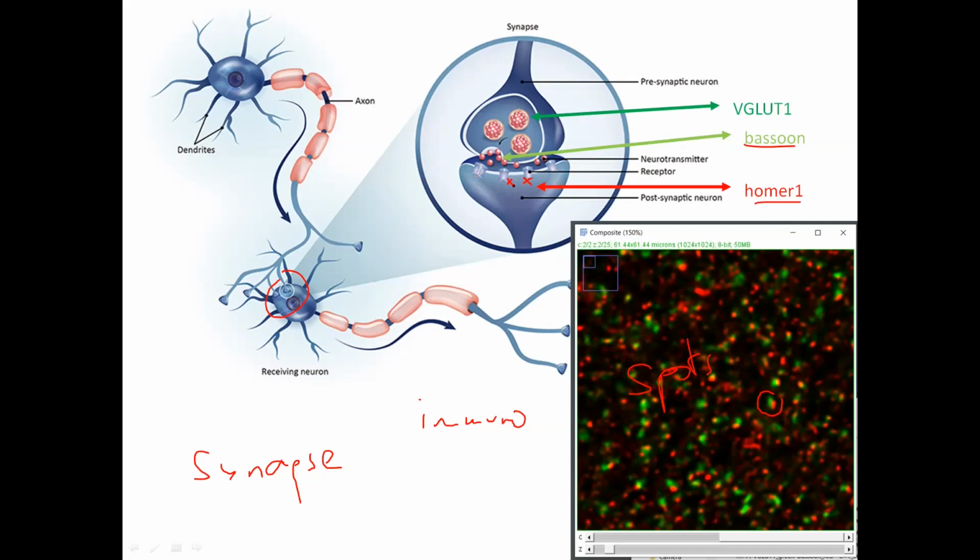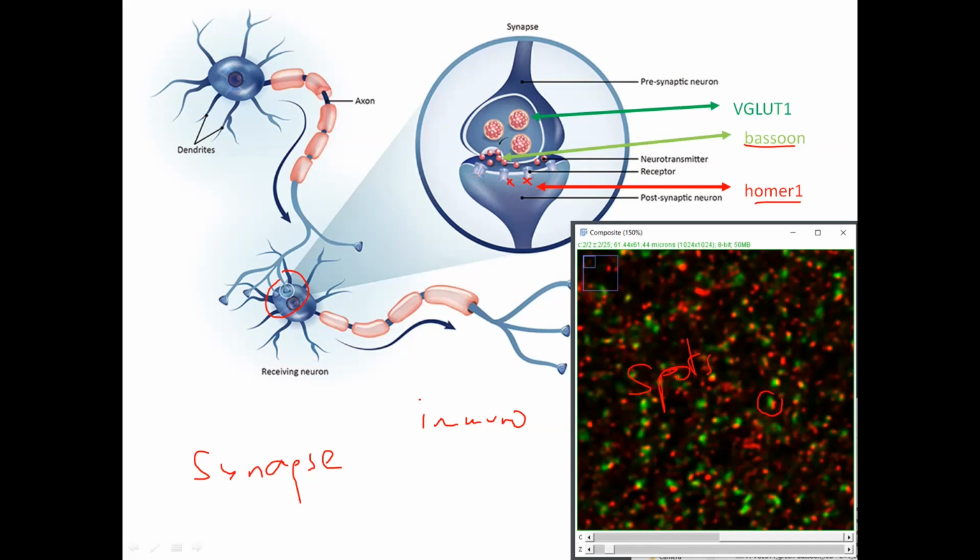So I detect bassoon on the presynapse and Homer1 on the postsynapse, and if I can detect a couple of green and red, a bassoon-Homer couple, it means there is a synapse. I should then detect it, and so I can count the number of synapses.